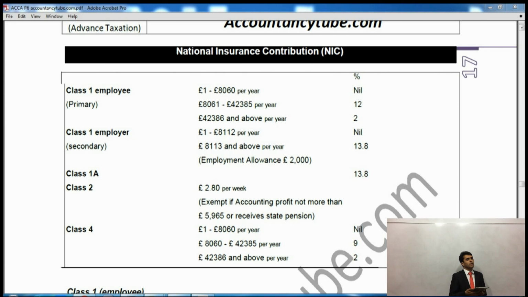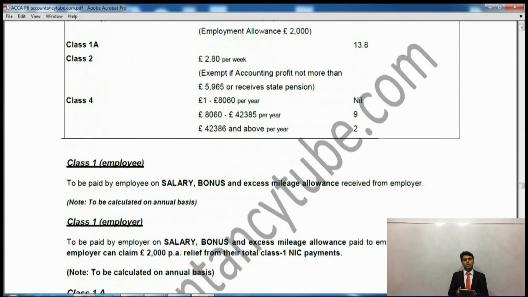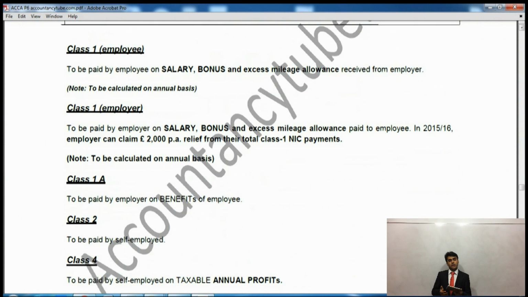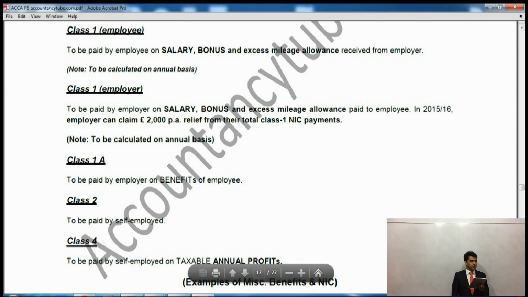So for self-employed, say for example, if you are self-employed and you're working for someone but you are self-employed, we'll look at the difference between self-employed and employed in detail. But self-employed is someone who is not working for someone, he has got his own business, right? So if you are self-employed, then you will have to pay class 2 national insurance, and £2.80 per week is the rate.